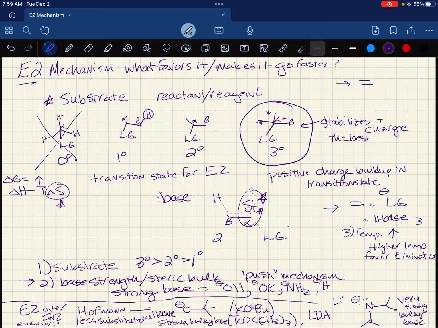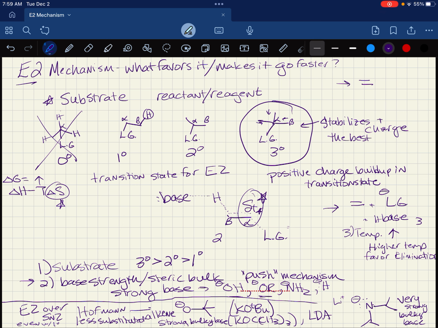A lot of times you won't see the higher temperature listed in the reactions we're doing, especially with E2, where you'll see a secondary substrate that has one of these good bases, and they'll put the E2 mechanism as being favored over SN1, over SN2. And that may be the case even at more moderate temperatures.